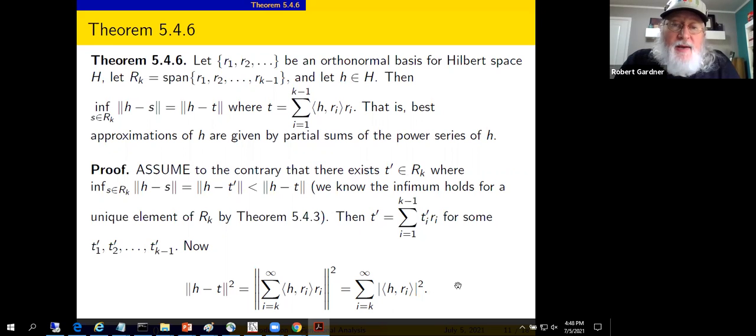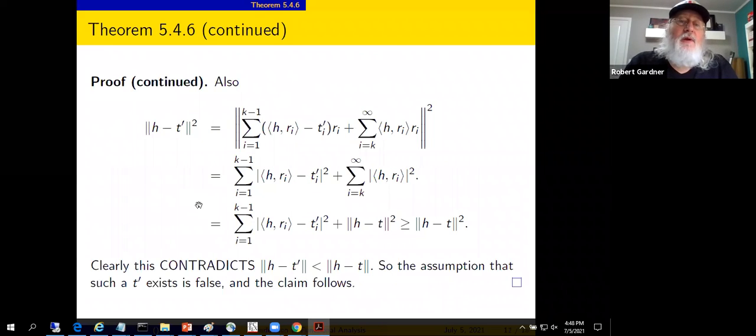Let's look at, next, the norm of h minus t prime squared. Well, T prime we've represented as a sum from I equals 1 to k minus 1 of T sub I prime times R sub I. We had a representation of T prime in terms of those R1 through R sub k minus 1 vectors.